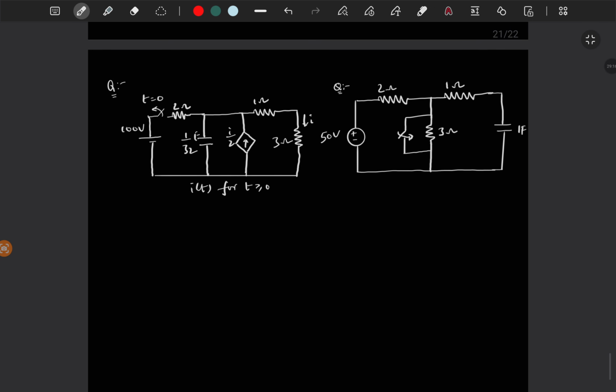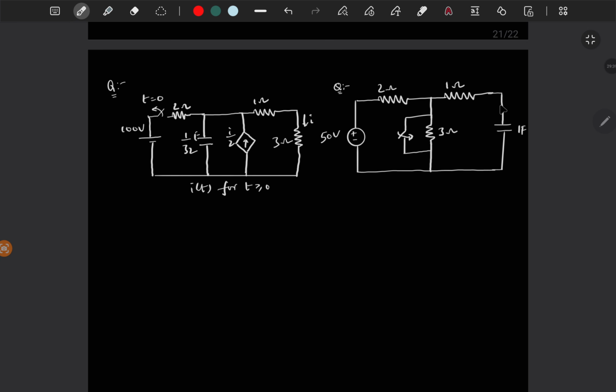Let's solve some more first order circuits, and this is a good example where you will also get some circuit analysis. Here we have a dependent current source, and we will try to solve this circuit.